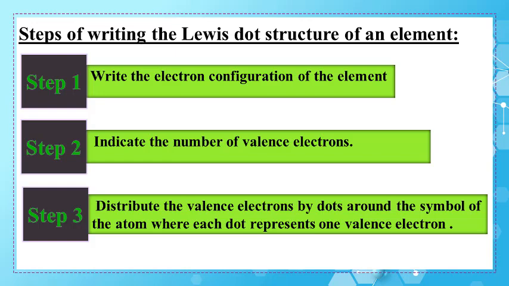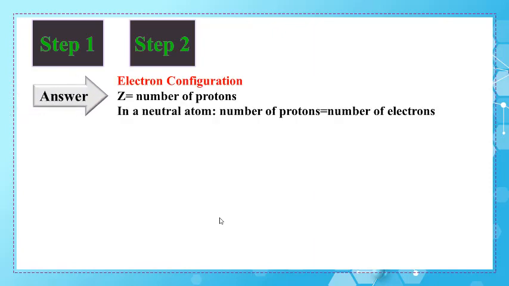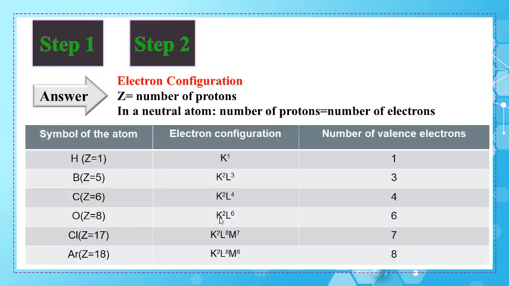First, we have to apply steps 1 and 2 together, where we write first the electron configuration and then indicate the number of valence electrons. In writing the electron configuration, we have to mention that the atomic number Z is equal to the number of protons, and in a neutral atom, the number of protons is equal to the number of electrons.